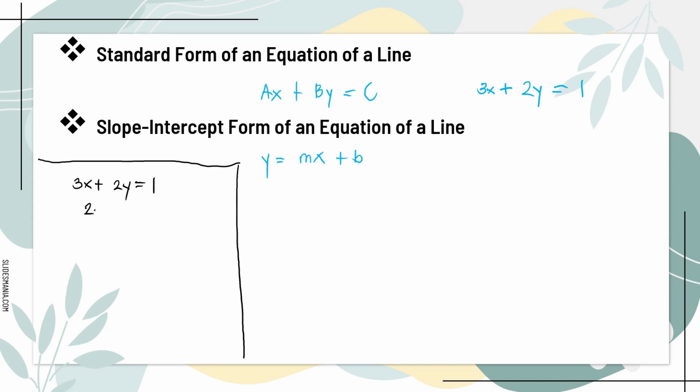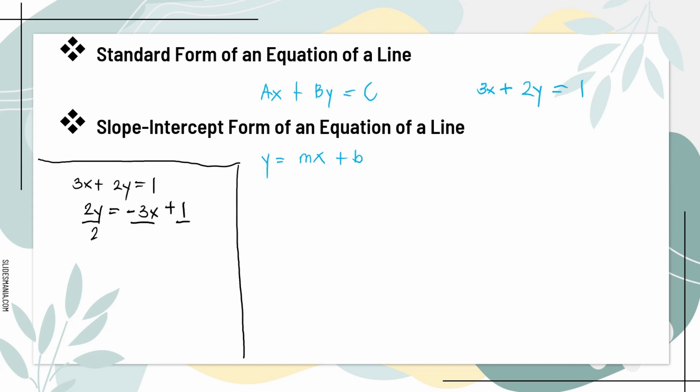So you'll have 2y is equal to 3x, lipat mo sa kabila, this will become negative 3x. And then copy your positive 1. Okay, so magkamukha na ba sila? Kind of, but you need to divide both sides by 2. Why? To eliminate the leading coefficient for your y.